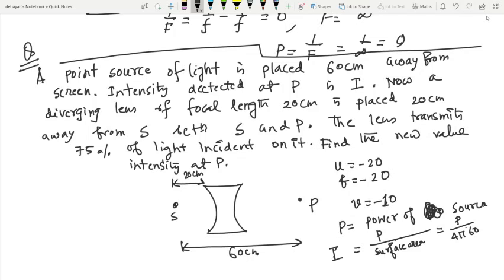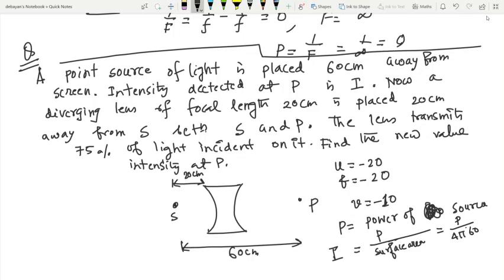So E2 will be equal to I into A1, that is P by 4 pi 20 square into area A1.